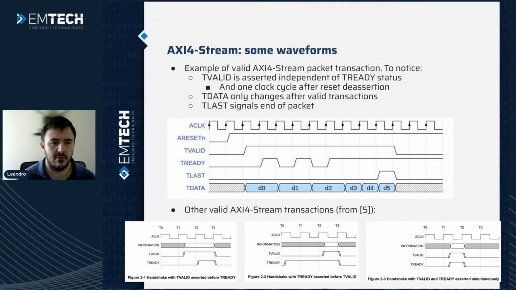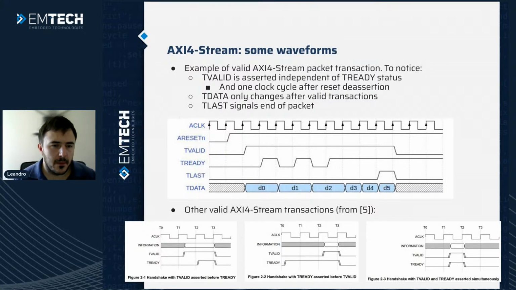And D3, D4, and D5, the transactions take only 1 clock cycle. But if you count the positive edges, they're only transferred once. TLAST here is also considered like an extra bit of data.